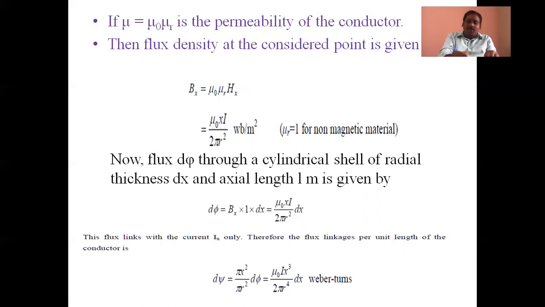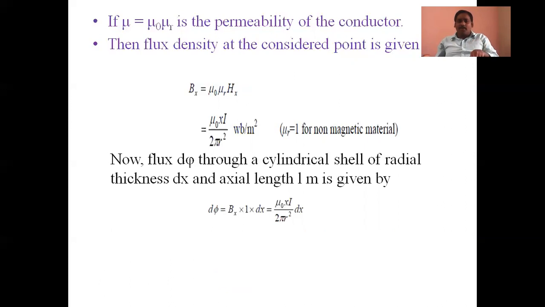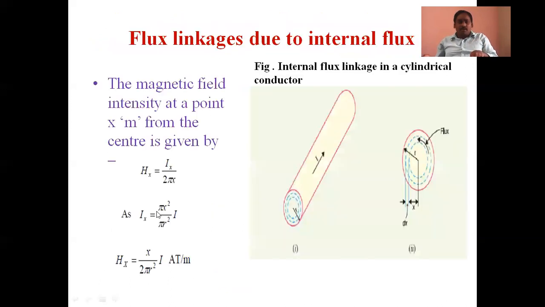But here we are talking about the differential value, so φ is dφ, N is the total number of turns, and dψ is the differential value. That means we consider differential terms here, meaning differential current: πx² by πr² into I.